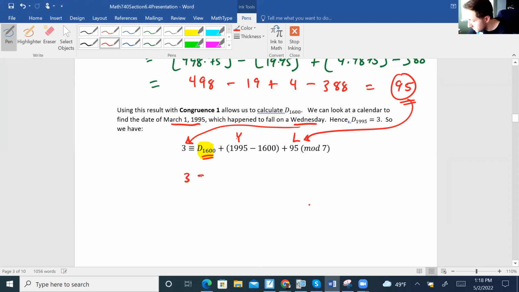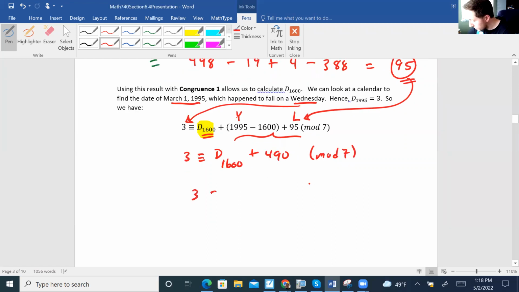So this would be 3 is congruent to D sub 1600. What does this give me? 490 is what all of this adds up to. And we're working mod 7. So I get 3 is congruent to D sub 1600, and 490 is actually divisible by 7. 70 times 7 is 490.